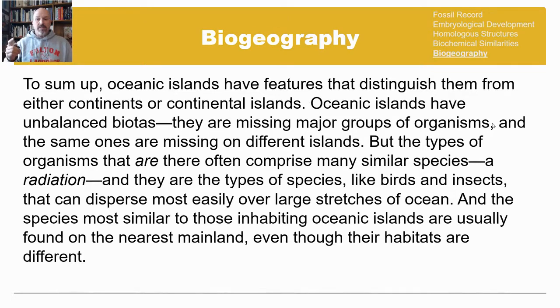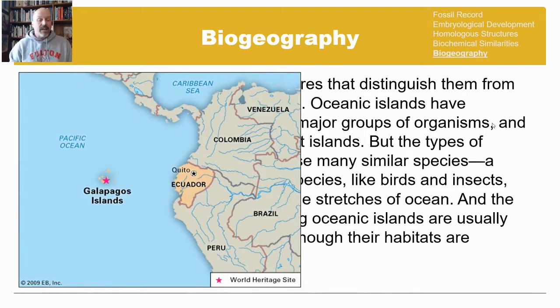But the types of organisms that are there often comprise many similar species of radiation. And they are the types of species, like birds and insects, that can disperse most easily over long stretches of ocean. And the species most similar to those inhabiting oceanic islands are usually found on the nearest mainland, even though their habitats are different.